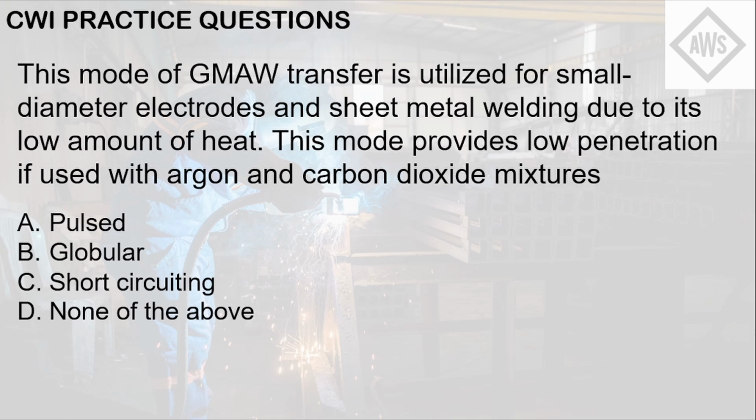So the answer here is letter C, short circuiting, because short circuiting has a low amount of heat and a low penetration with its low current setting, and it's a pulsing short circuit input to the weld. So globular is not the answer because it's a form of globules that is inputted to the molten weld pool. When you use globular in sheet metal, that will melt the sheet metal itself because of the droplets.